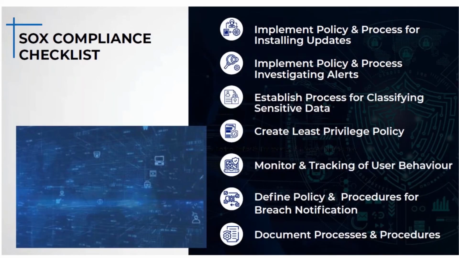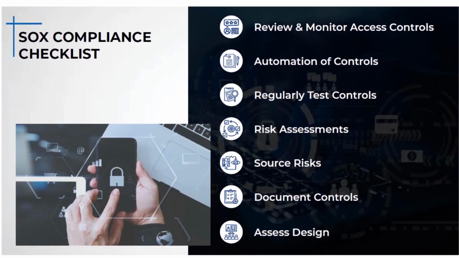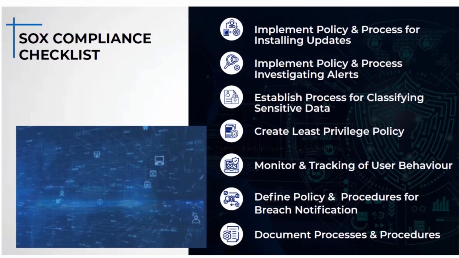Moving ahead after that, once you assess the design, document the control, then implement the policies and procedures. This is important for installing the updates. Now, we have seen systems where they say that we have got a Windows Live update happening at all times, but then what about your MS Office?